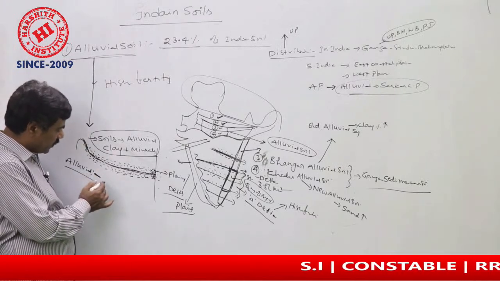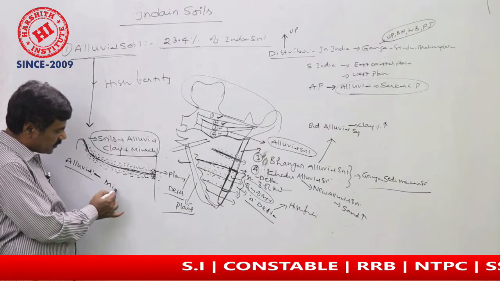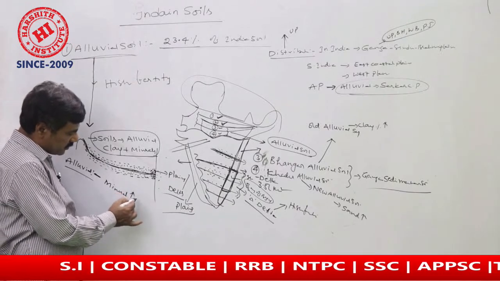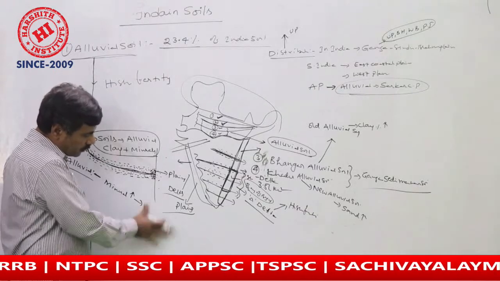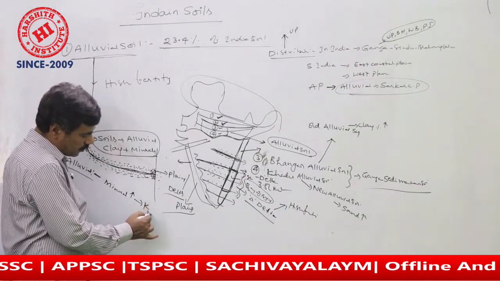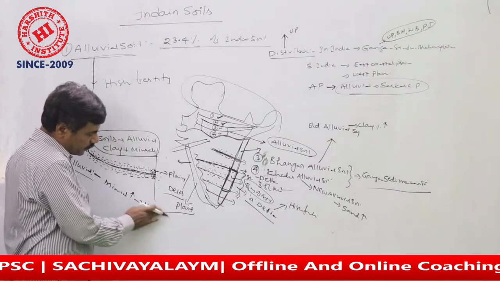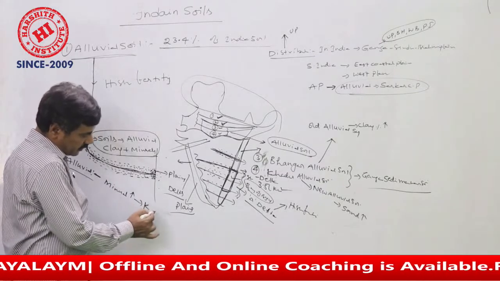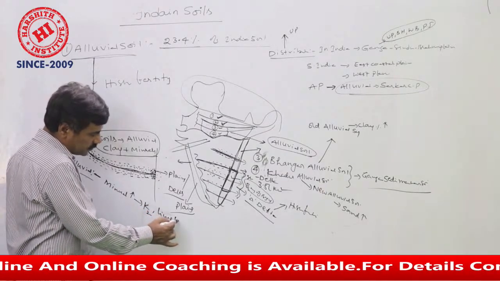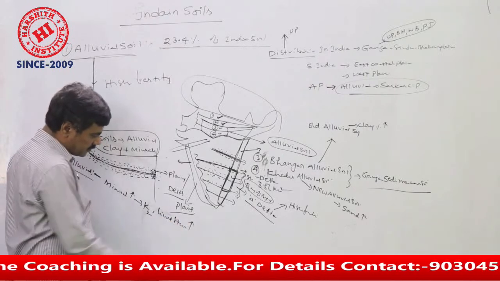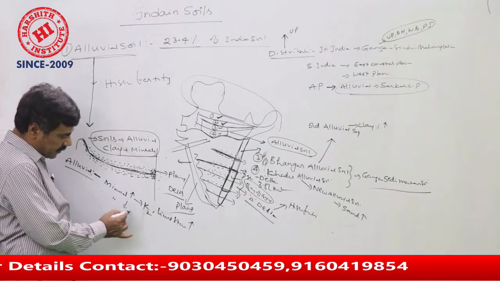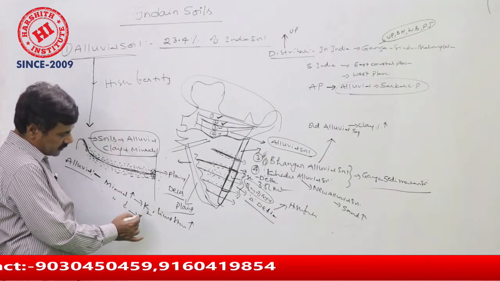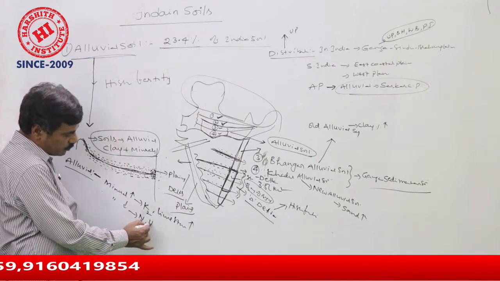In alluvial soil, the minerals with the highest percentage are potash, that is potassium, and also limestone. These are the minerals with the highest percentage. The minerals with very low percentage are nitrogen and humus.